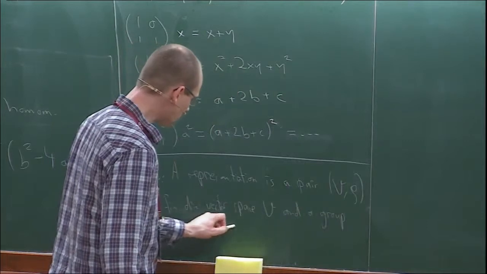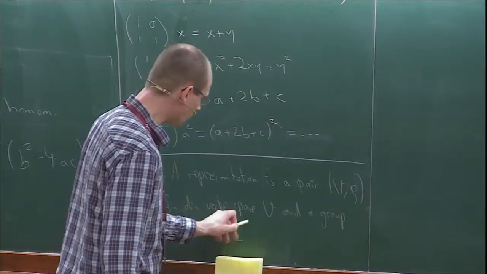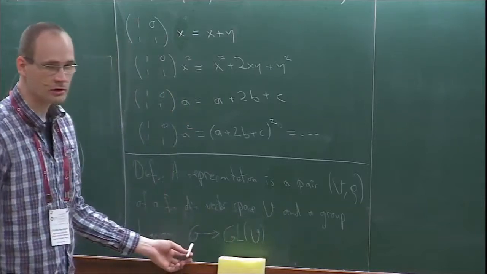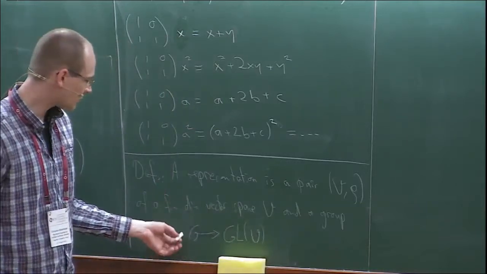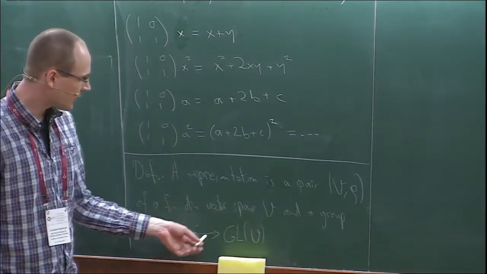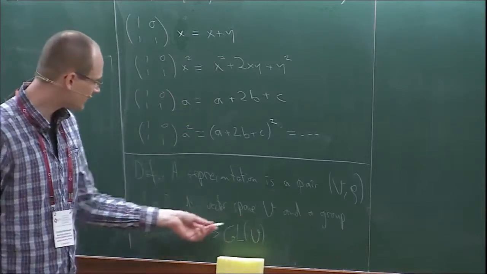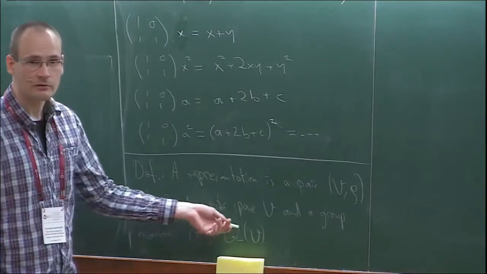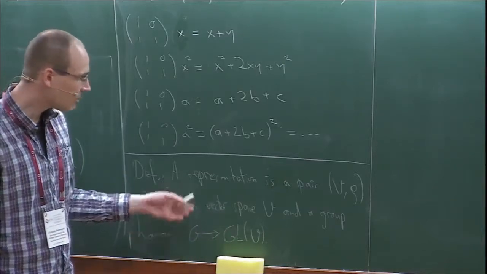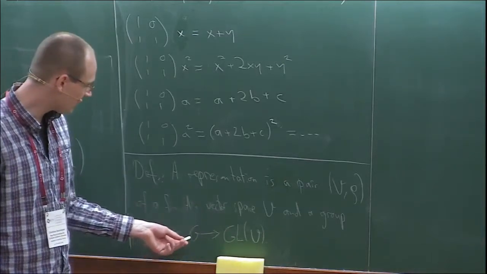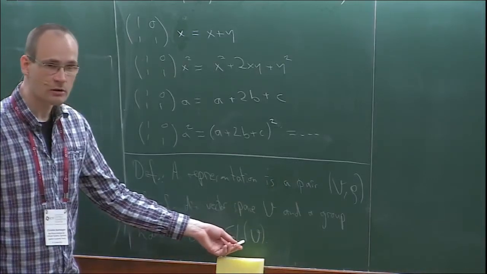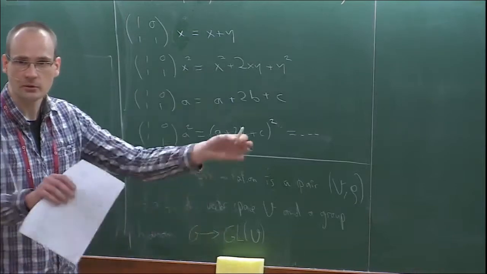The group homomorphism goes from G, your group, whatever your group is, to GL(V). It's a bit confusing because our group is always a general linear group. So we started with GL2, and you map it to some GL(V). It says that you have a group element and you can apply it to a vector in your vector space. Formally, you have a group homomorphism that sends your group element to some element in the general linear group of your vector space, and that's what you can apply then.